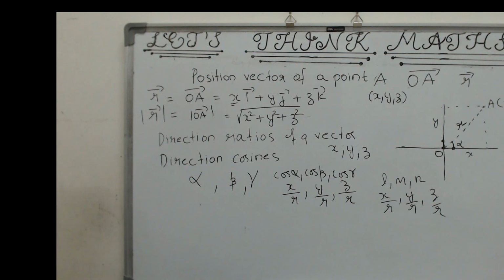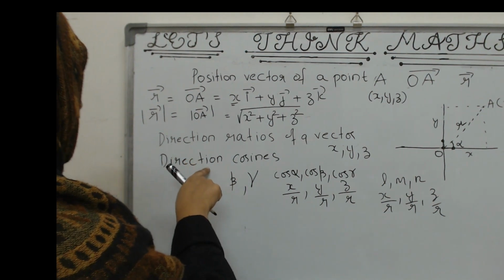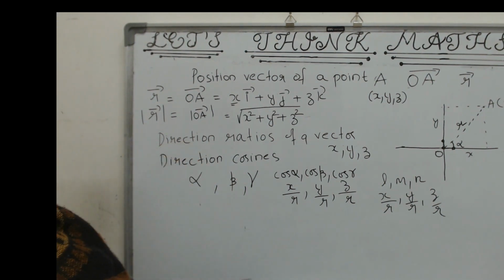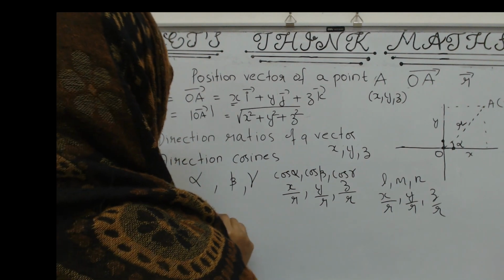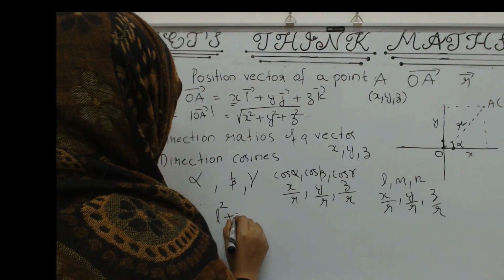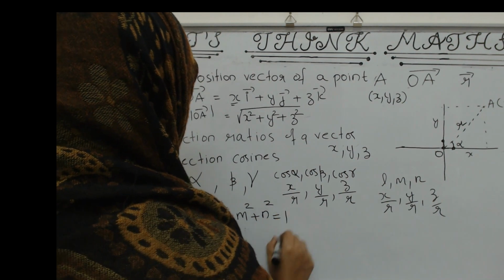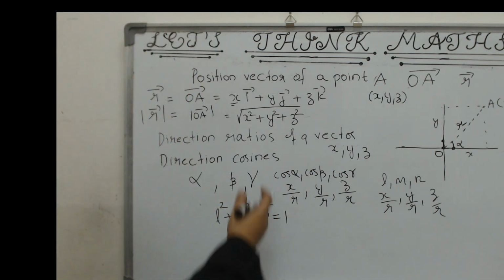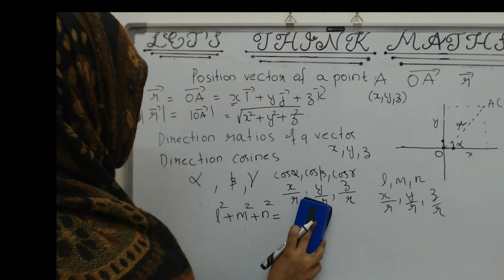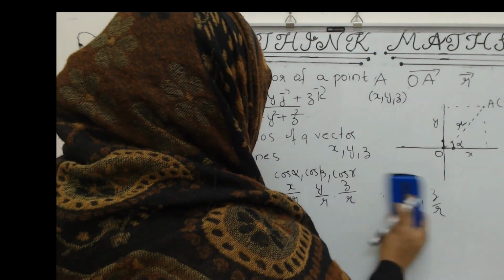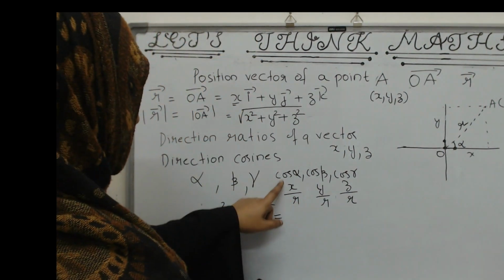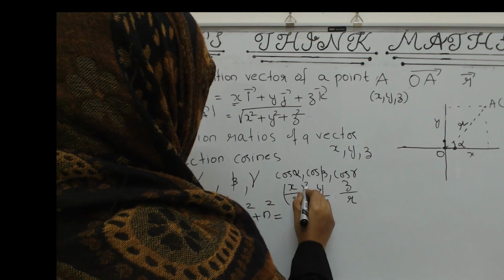And similarly, one important thing you have to learn about direction cosines. They are related with a formula which is l square plus m square plus n square is equal to 1. Why is that? Square all the three, you will know. See? l is x by r, the whole square, right?